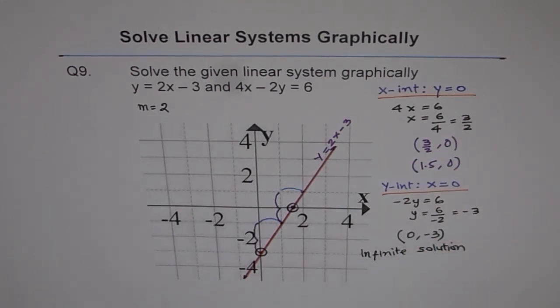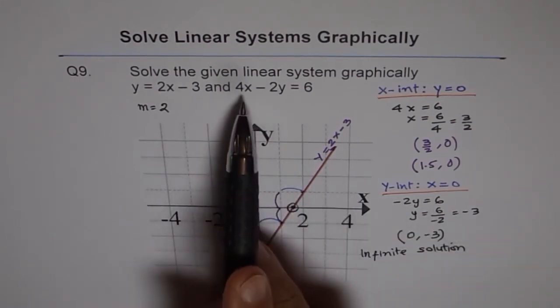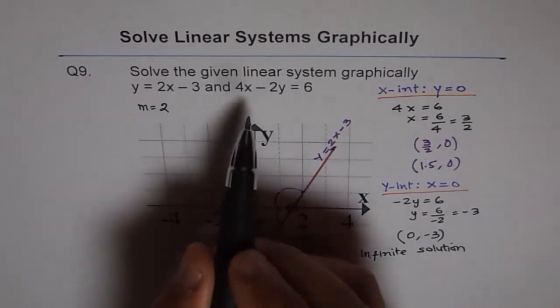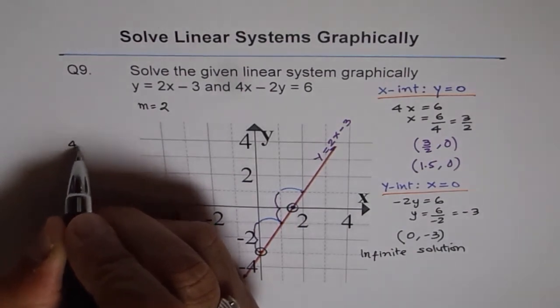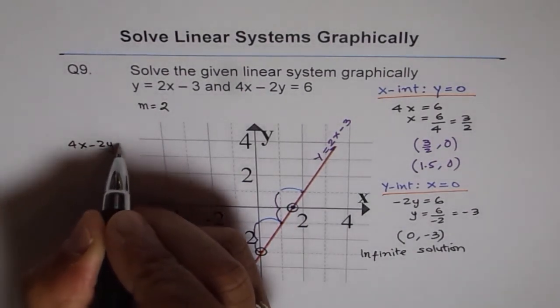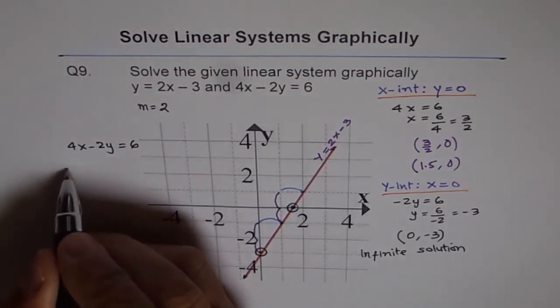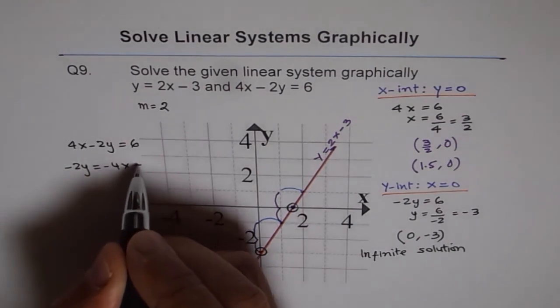Why is it so? Can you explain? It is so because this line is practically the same line. Let me show you how. So we'll rewrite this equation and solve for y. We have 4x minus 2y equals 6. Let me isolate y now. So we have minus 2y equals minus 4x plus 6.